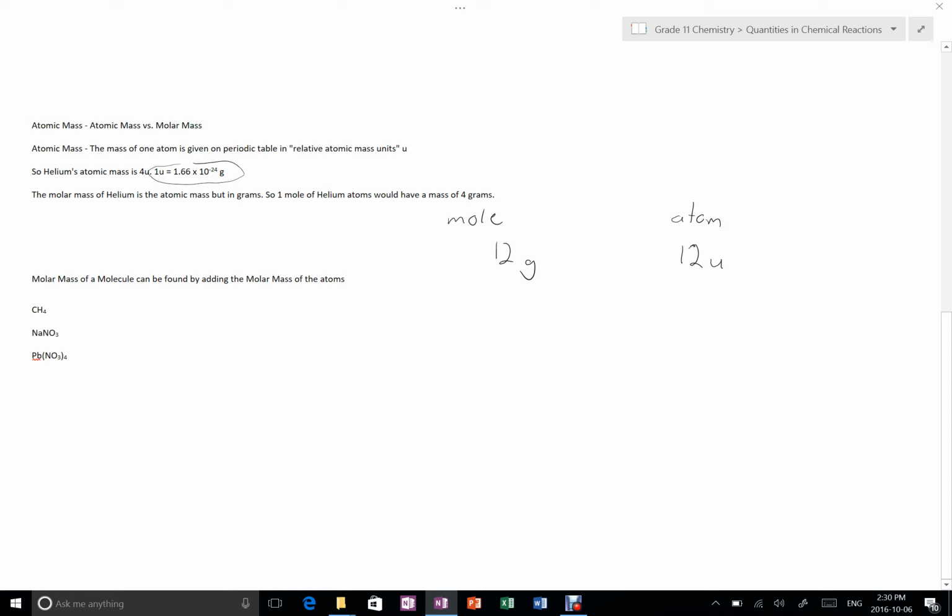They were able to figure that out later when they figured out the size of a proton. In fact, that is the mass of a proton or neutron. So since carbon 12 is made up of 6 protons and 6 neutrons, and that's the mass of 1, then we can say 12 times the mass of a proton or a neutron, which we're going to call U, is equal to the mass of 1 carbon atom.